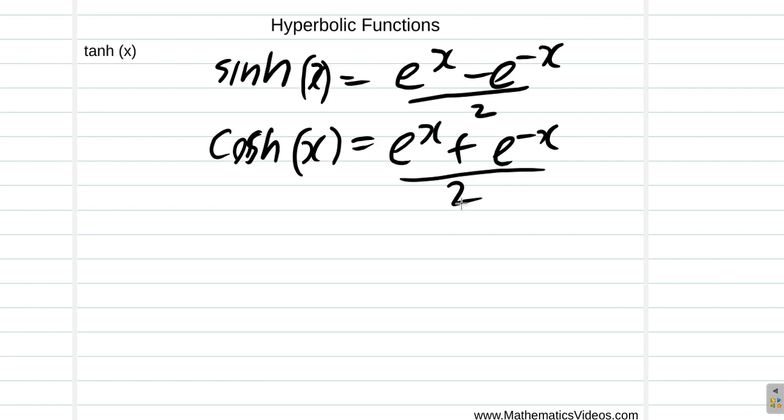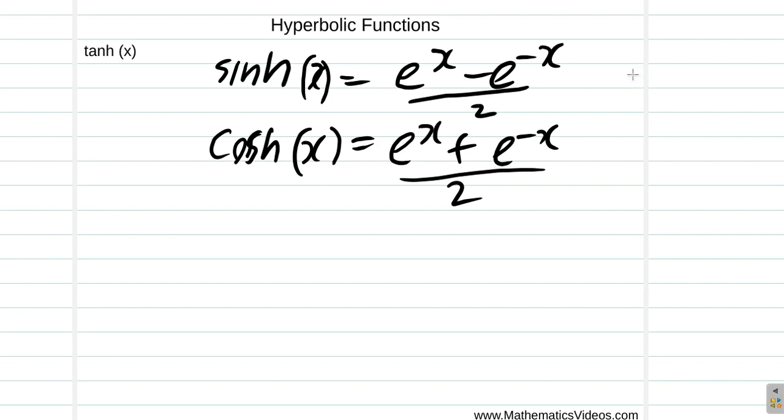Now, we know that there is a certain identity in circular functions, which is the usual trigonometry that we've been used to. The trigonometric ratios.